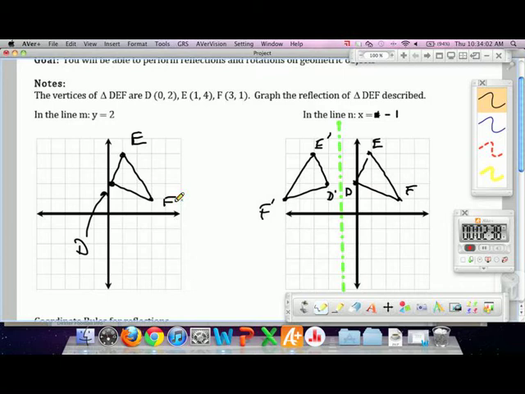Where's the line y equals 2? What kind of line is y equals 2? Horizontal through what coordinate? 2. So let's find 2. Draw a horizontal line.